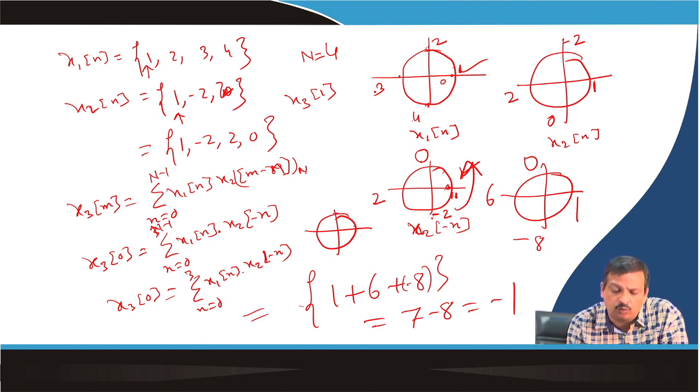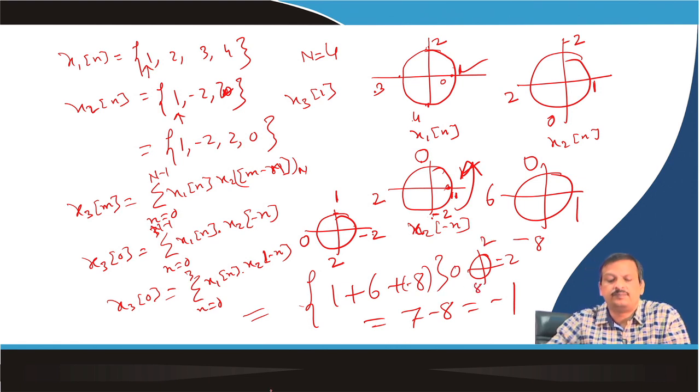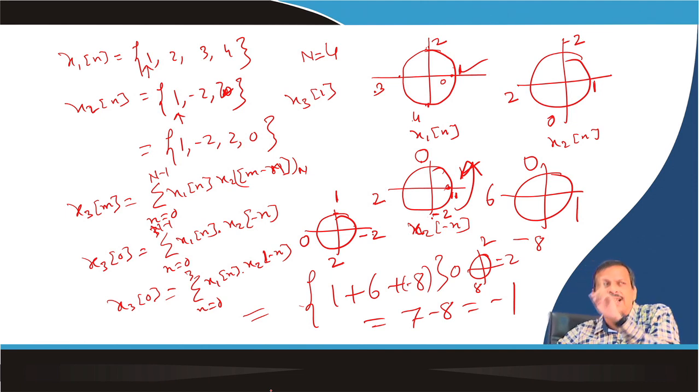So, 1 goes to here and 0 comes to here, 2 will be here and minus 2 will be here. Then the product will be minus 2 into 1, 1 into 2 is 2, 0 into 3 is 0, 2 into 4 is 8. So, the sum of minus 2, 2 and 8 is nothing but 8.